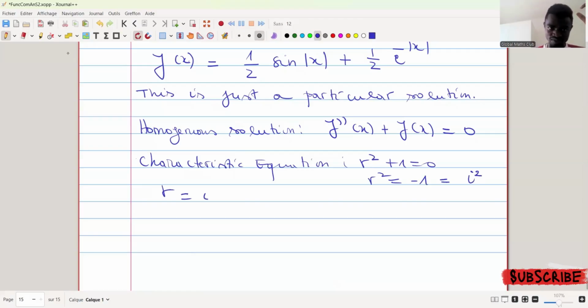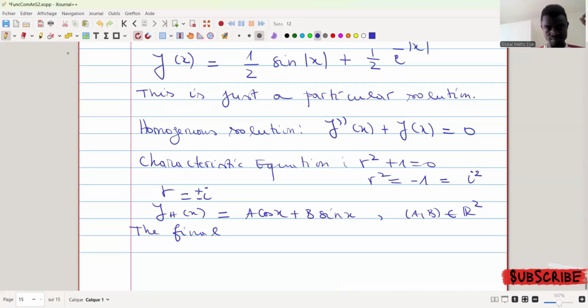So r equals plus or minus i. Then the homogeneous solution is just a cosine x plus b sine x, with a, b in R. So it means that the final solution is the homogeneous solutions plus the particular solutions.